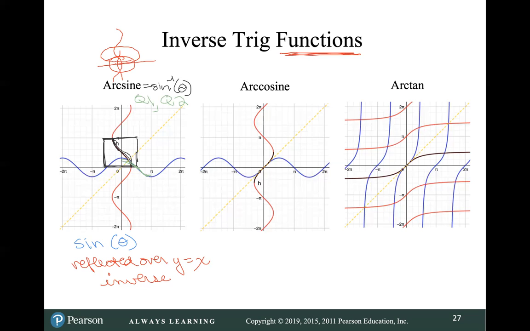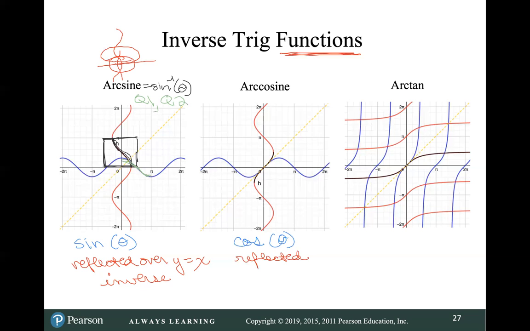Same thing happens for cosine. Our second graph here, the blue is cosine of theta. The red is reflected over the line y equals x, which is in yellow. And again, we have that red graph would not be a function.